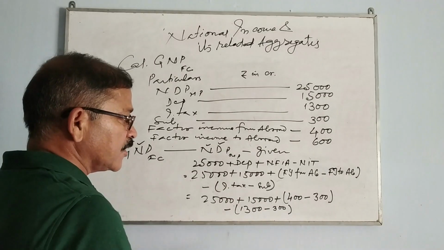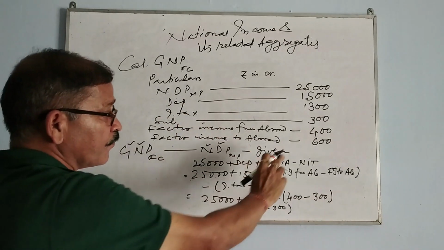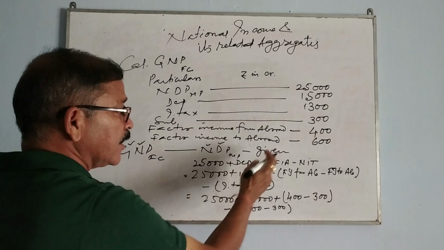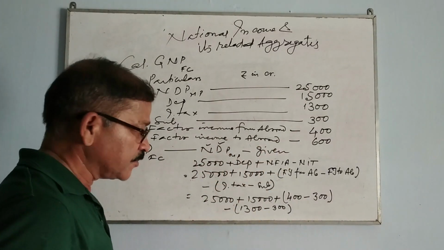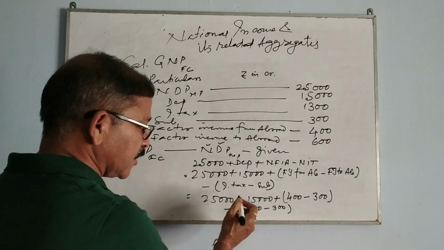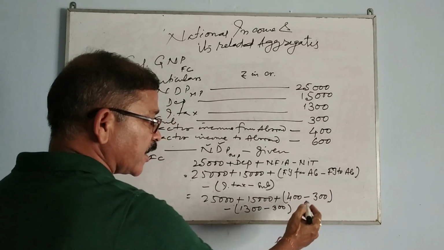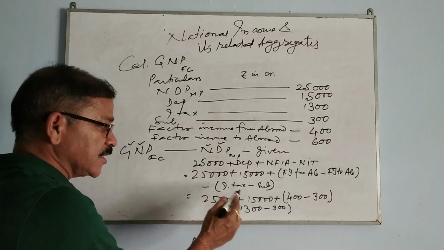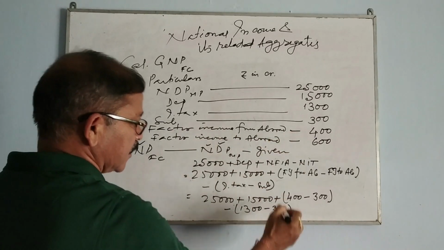Again, I have used all the values as per the formula. 25,000, 15,000, and NFIA is not given as such. So, income from abroad minus income to abroad. And then, you know what NIT is, indirect tax minus subsidy. I have applied all the values: 25,000, 15,000, plus factor income from abroad 400 minus factor income to abroad 300, minus indirect tax 1,300, and subsidy 300.